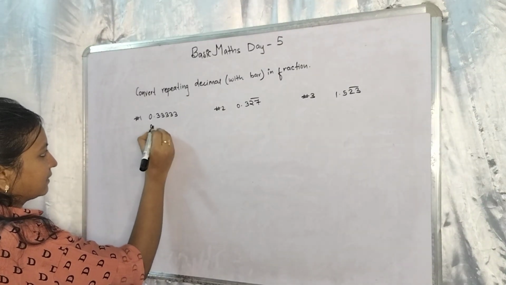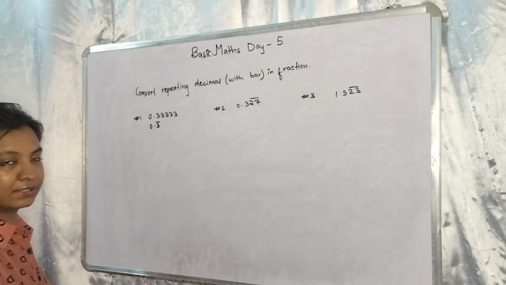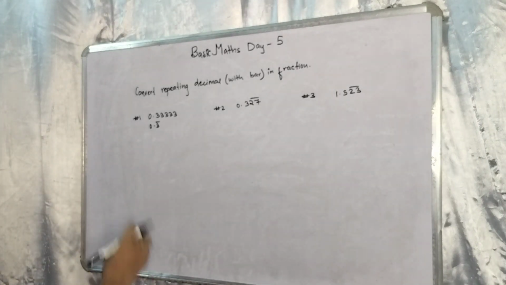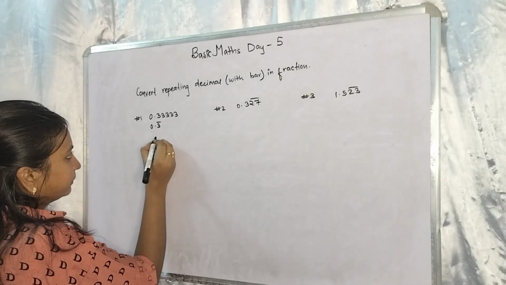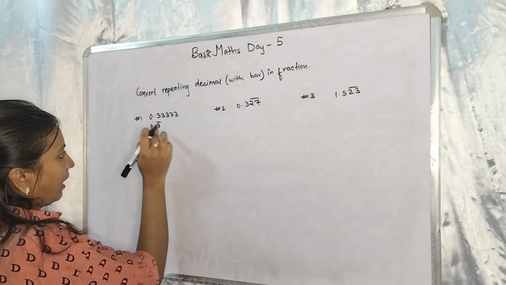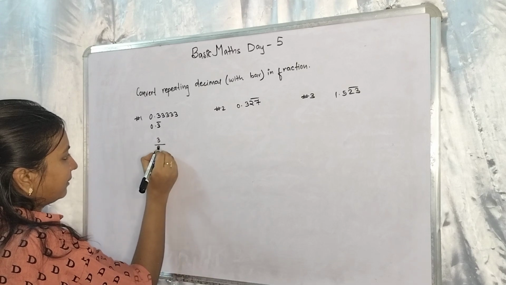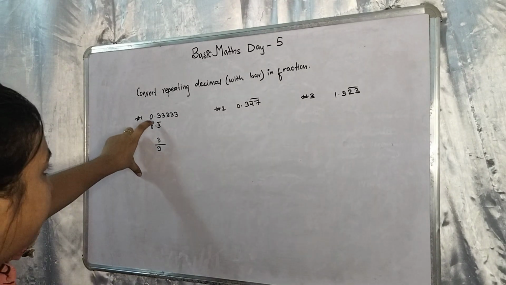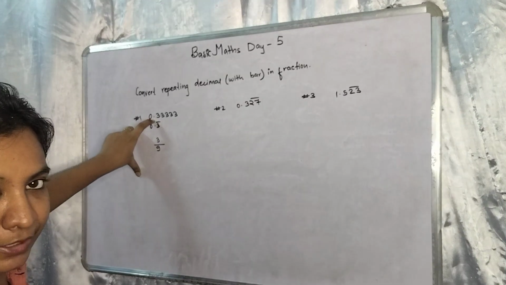This can be written as 0.3 bar, right? Because 3 is getting repeated. Now there are some rules which need to be known. To remove the bar and the point, you will divide by 9s, as many as the numbers in the bar.